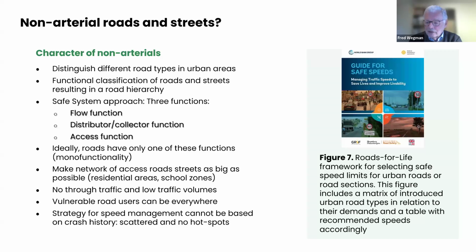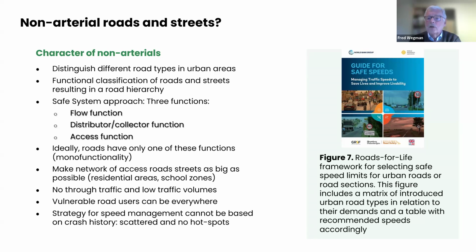When we see the road system in the urban area, then we are certain that we have different road types. And in my view, it's the best to make a road classification based on the function of each road and street in the urban setting. And if you do that, you will get a road hierarchy.